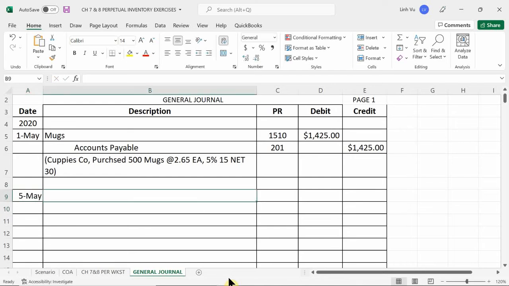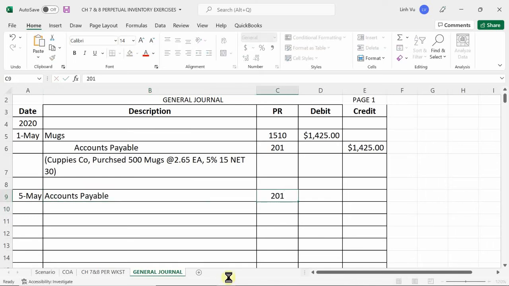Okay, so in this case, I'm going to be getting my money back because in this case, I never paid, right? They billed me, but I haven't paid them yet. Right? So that's 201. And it's going to decrease my inventory mugs because I no longer have those mugs available, right? I am getting a full refund on it. So who am I getting the refund from? Cuppies Co.